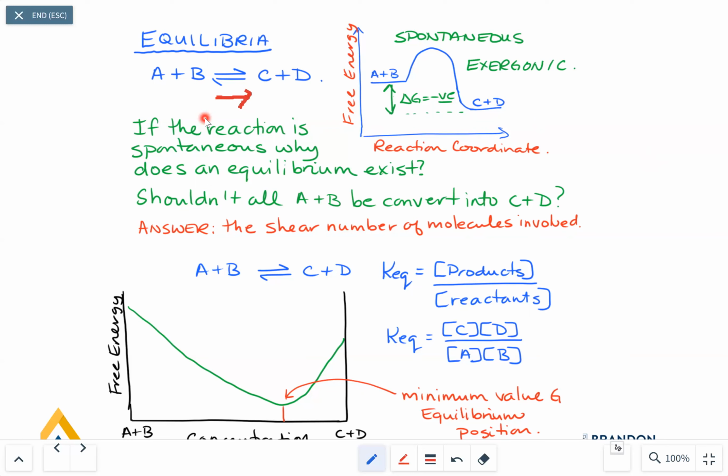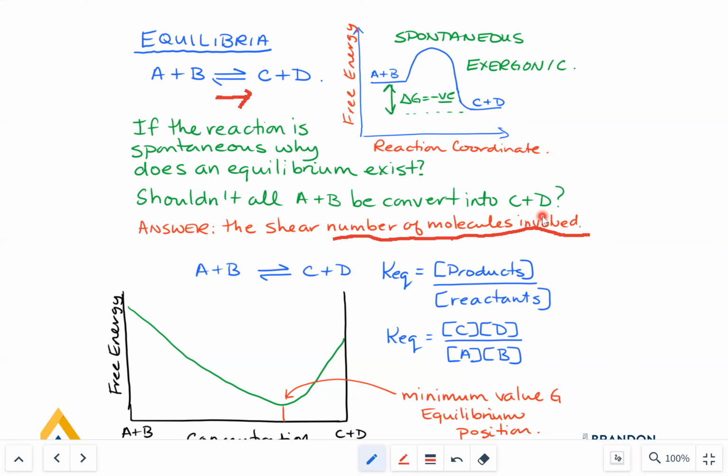Basically the answer to this deals with one of the things that is really hard to visualize for everybody, and that is the sheer number of molecules that are involved in any reaction. Avogadro's number is enormous.